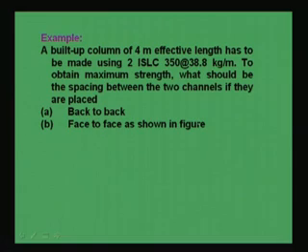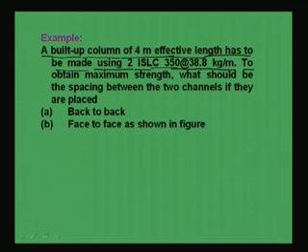So, let us consider this example, that a built up column of 4 meter effective length has to be made using 2 ISLC 350 at 38.8 kg per meter.